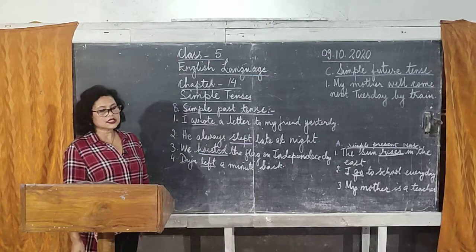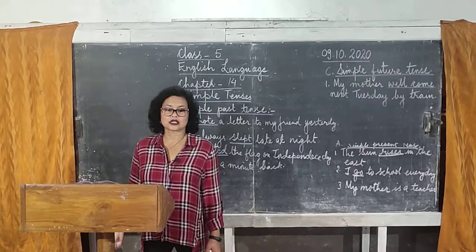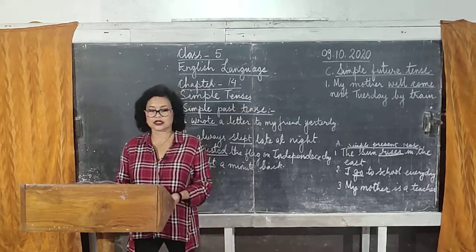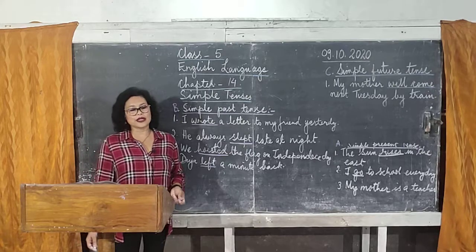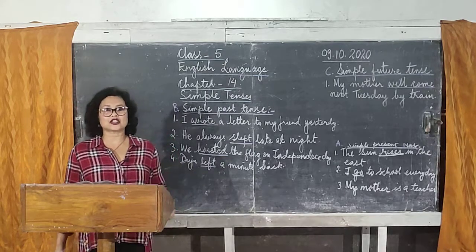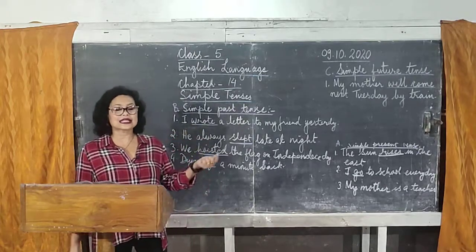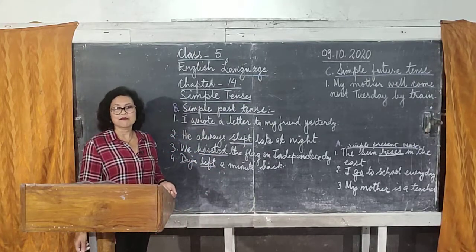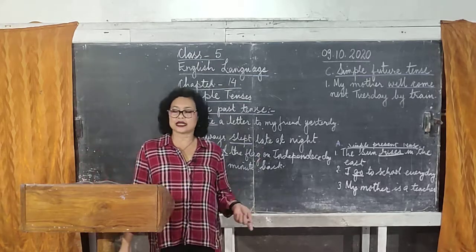The other one is to express the speaker's opinion about future. What you think about the future. For example, Arun thinks that India will win the final match. Any match, it can be a cricket match, it can be football match. But Arun thinks that India will win the match, the final match. Perhaps it will rain now.